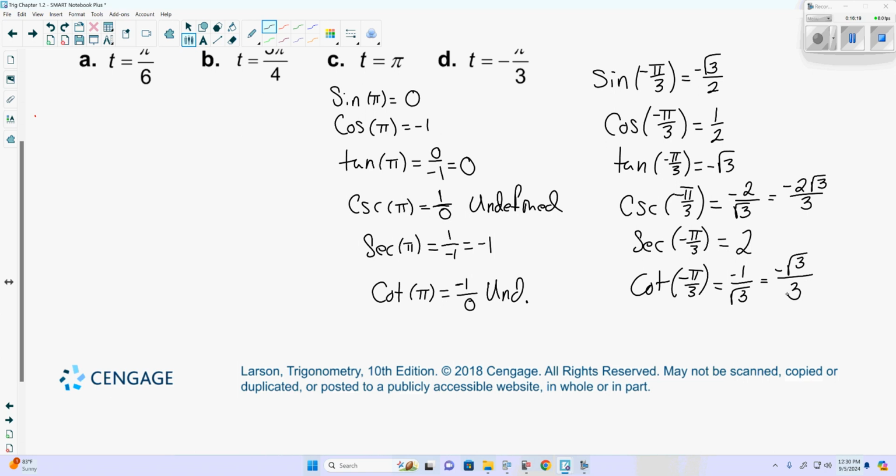For me, it really feels like CSC should go with cosine and SEC should go with sine. I just remind myself it's the other way around: SEC goes with COS, and CSC goes with SIN. We have that flip. But that's really it with these here. Questions on this here?